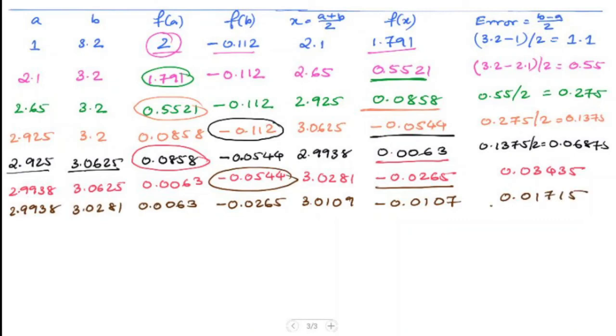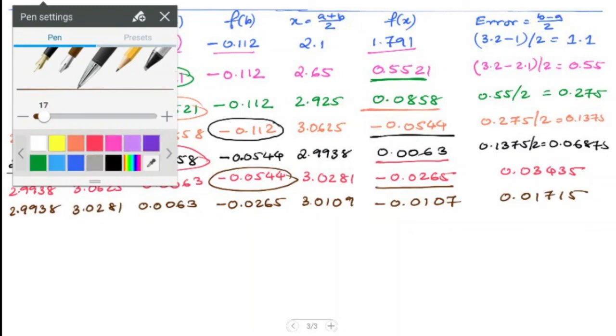So the error here is quite close to 0.01 now, but still it's more than 0.01, so still we will not stop. We want this to go lower than 0.01, right? Now that means we need to do one more step at least. Let's go ahead and do that.